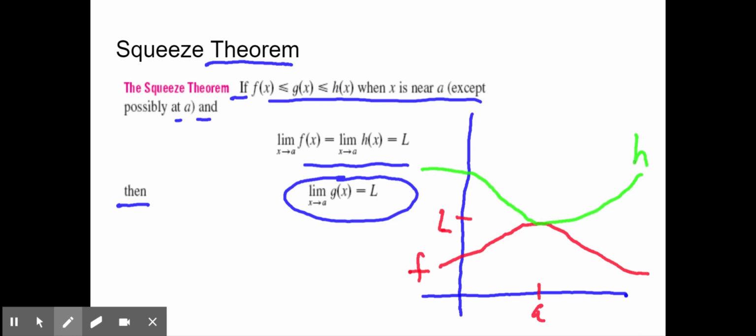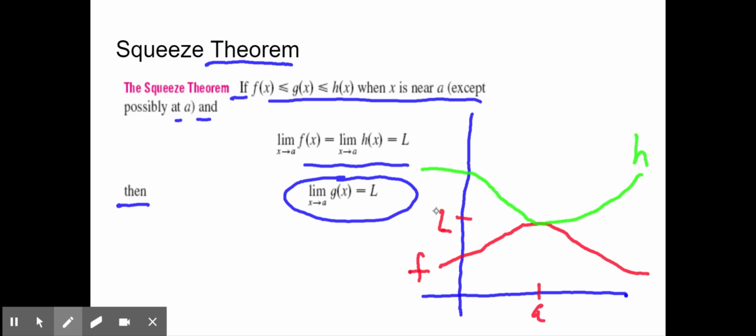Okay. So now let's go for g of x. The only thing I really know about g of x, based on the information that's been provided, is that g of x is between f and h. Okay. It's bigger than or equal to f of x, and it's smaller than or equal to h of x.